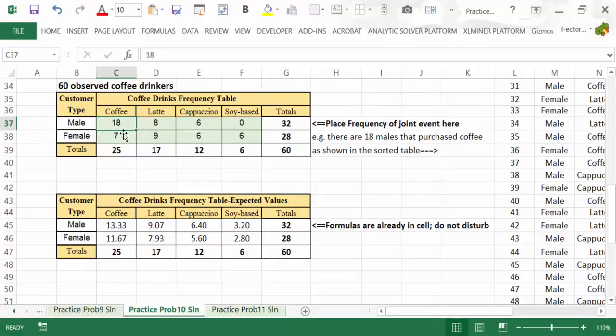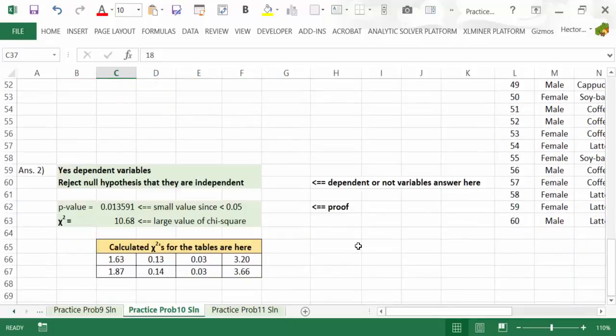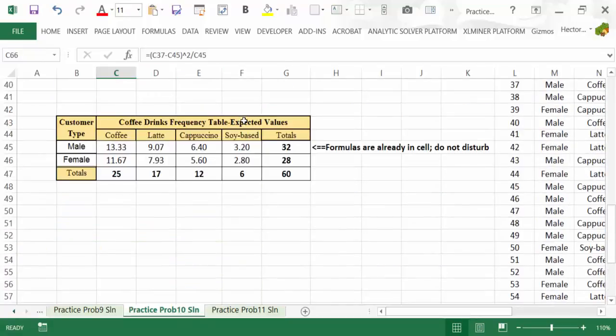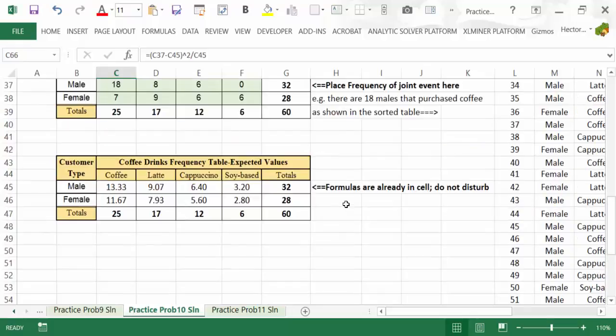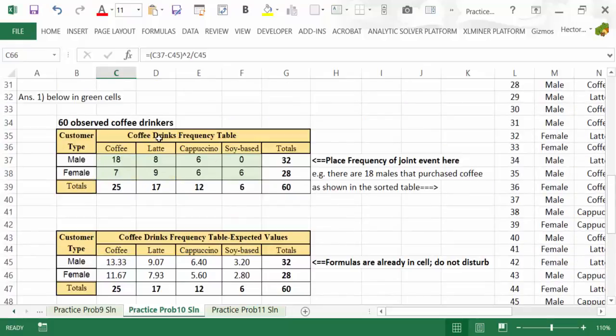Then we're going to take these expected values and calculate a variance between the expected value and what we actually got. That's what we do in this table. We calculate chi-squared values. We take the difference between this cell and this cell, we square the difference and we divide by the expected value.